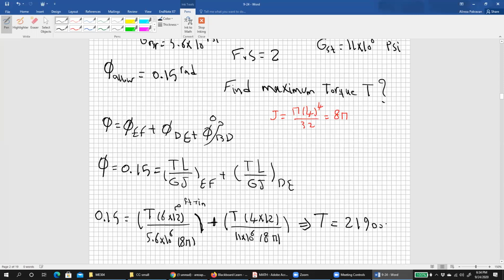The answer is in pound-inches, and you can also write it in kilopounds.